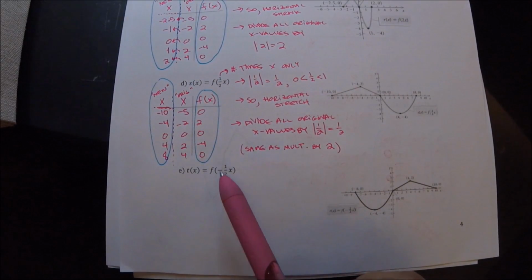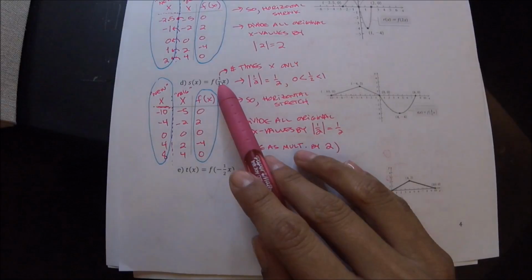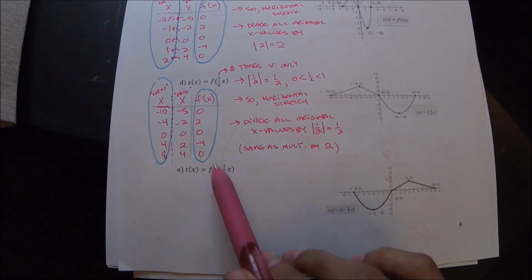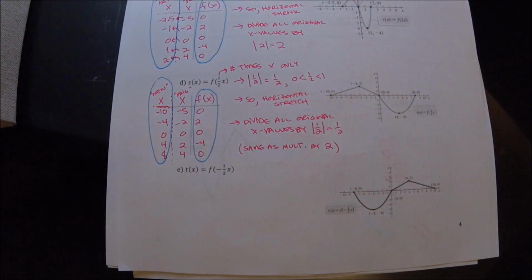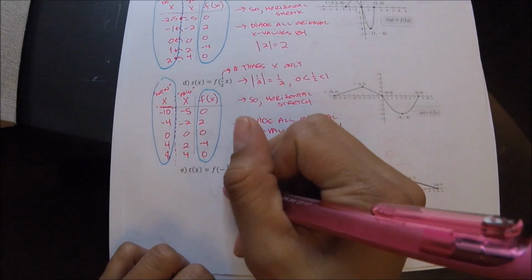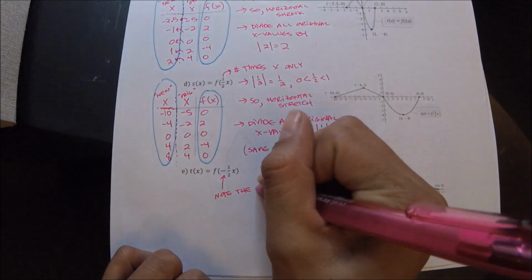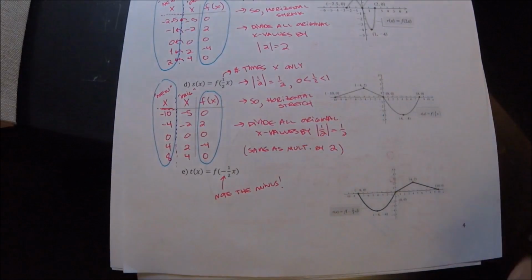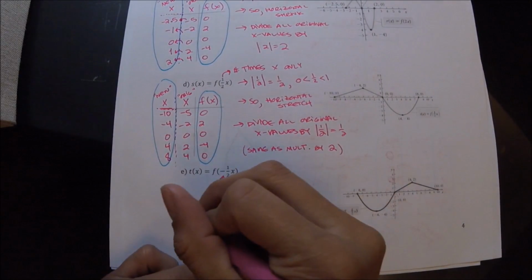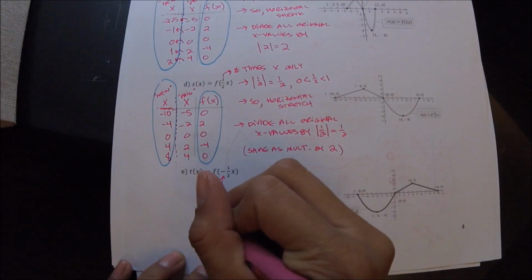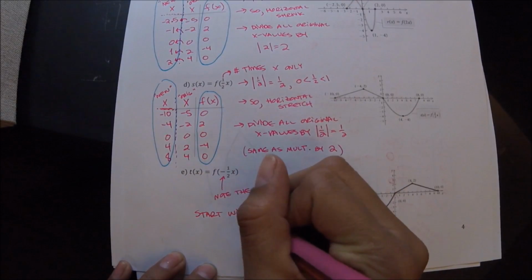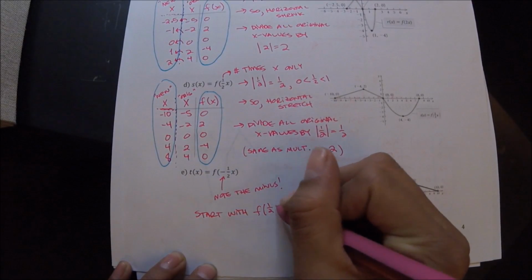the only difference between part E and part D is that there's a minus in front of the 1/2. So for this one, note the minus. What we're going to do is we're going to start with f of 1/2 x.